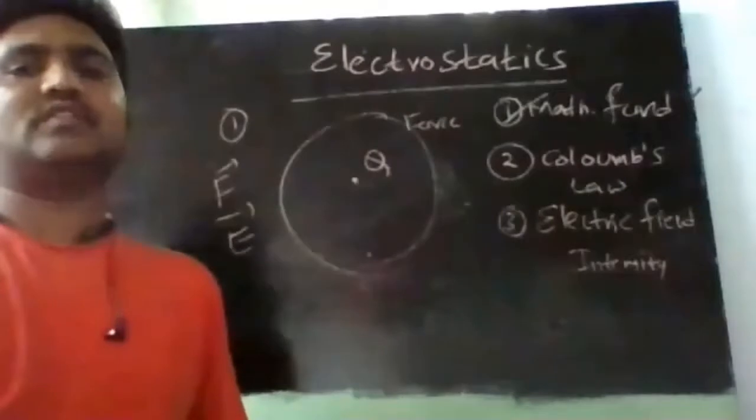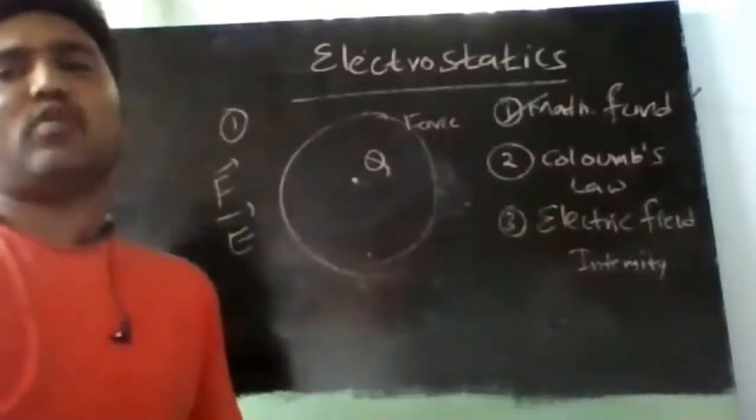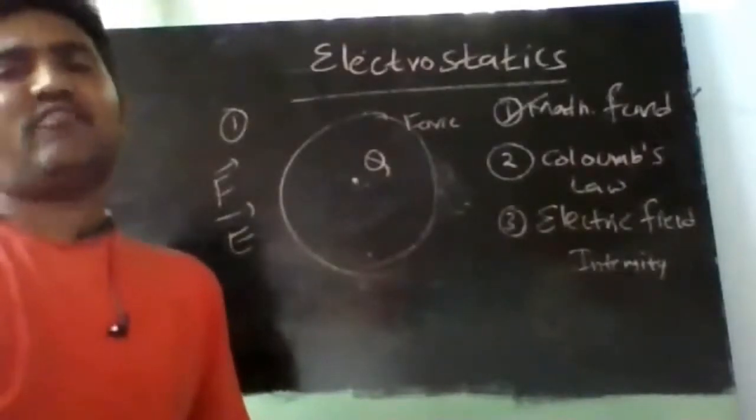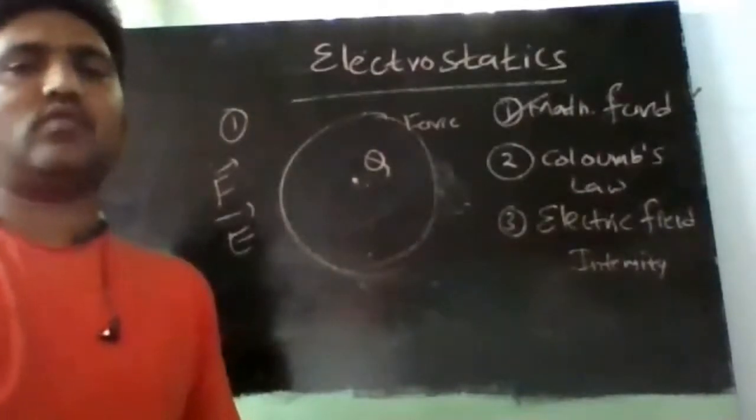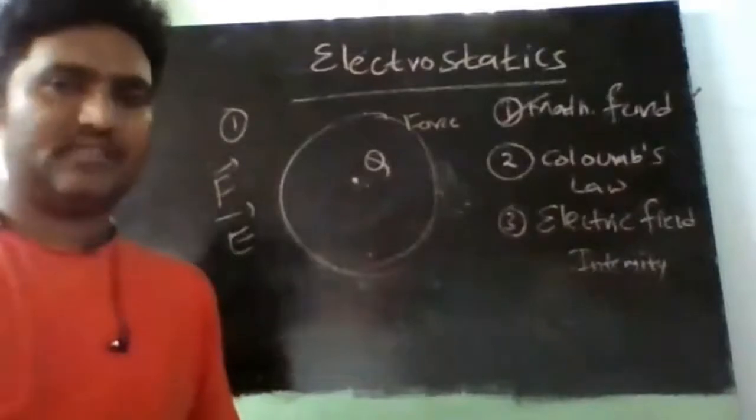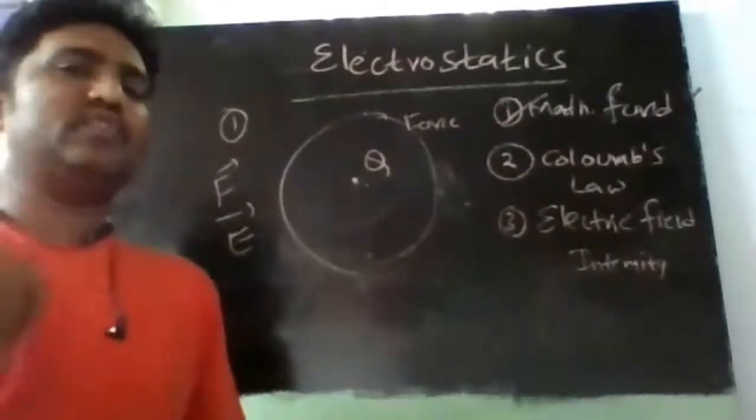For other kinds of charges, like a line charge, a volume charge or a surface charge, whatever electric field intensity or force you calculate will not give you accurate results. So that is a problem with Coulomb's law.